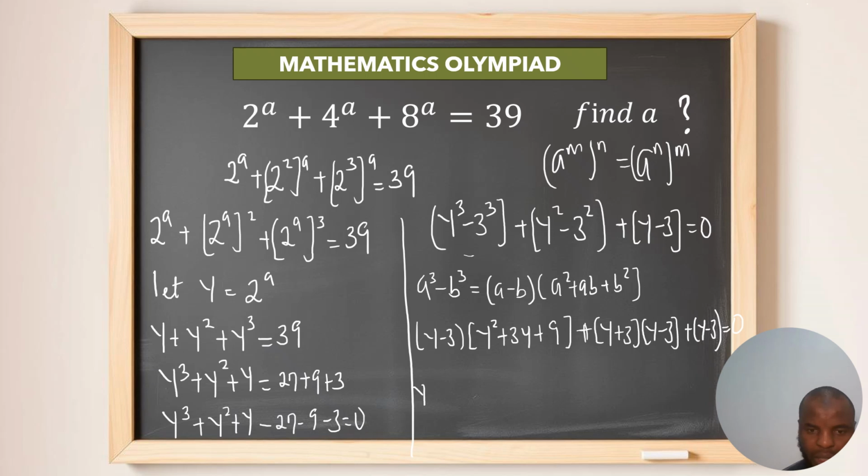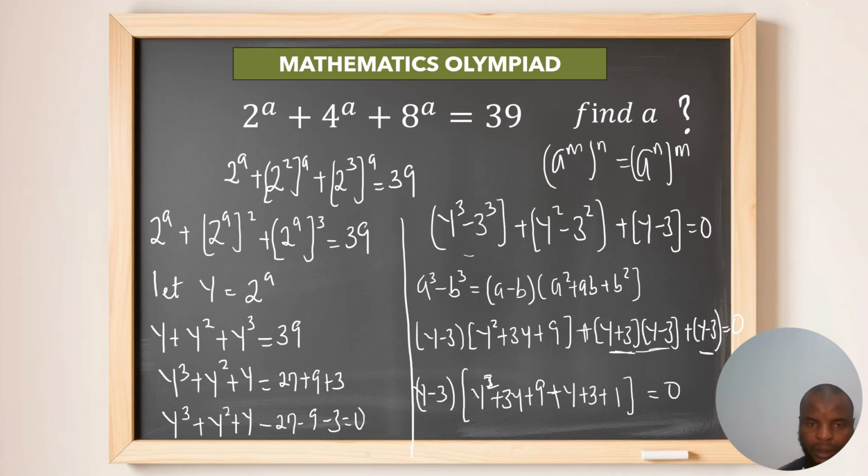So we can factor that out: y minus 3, and we're left with y squared plus 3y plus 9, plus, in this term, we are left with y plus 3, and in the last term we are left with 1, equals 0.